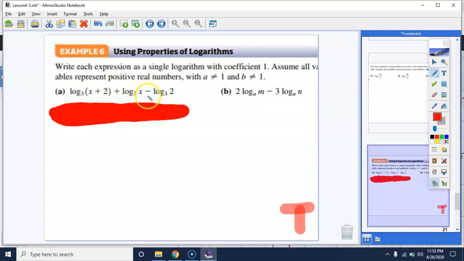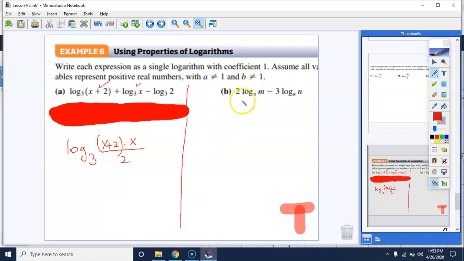There's a minus here, which should remind us of division. They all have the same base, logarithm base 3. So this plus should be times and then divided by 2. So x plus 2 times x divided by 2. That's how I convert to a single logarithm, and we can do it like this.